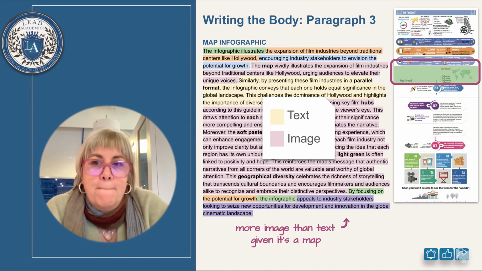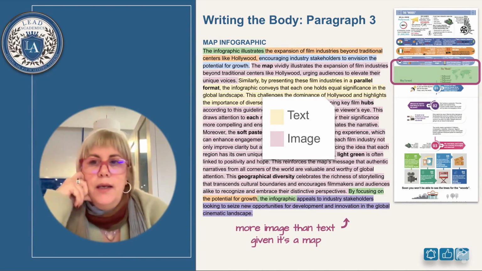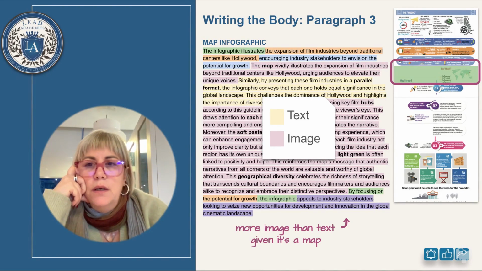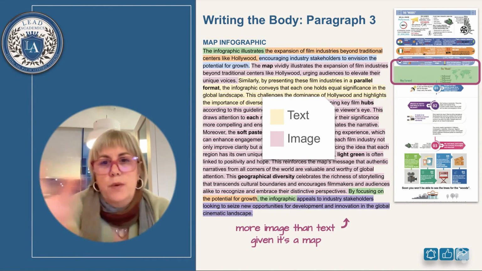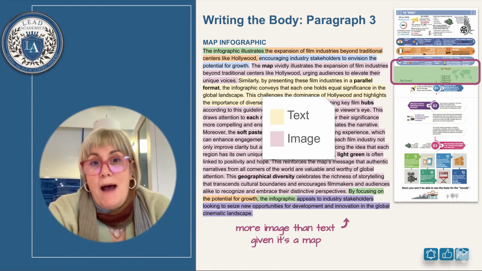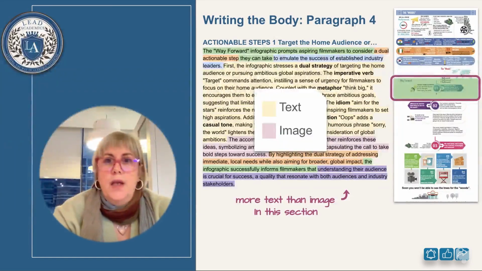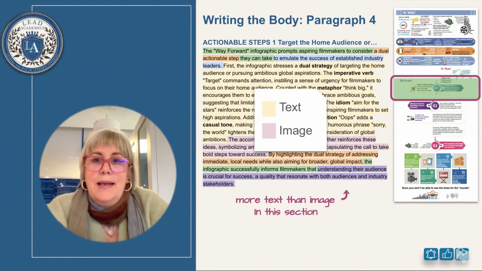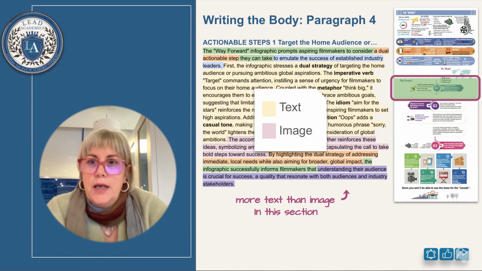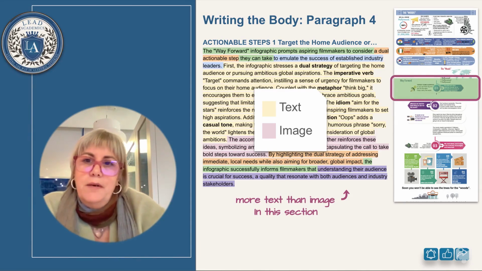Paragraph 3, take a look at the right-hand side, the infographic. Definitely a lot of images in this infographic, and that's why we see much more graphic analysis than textual analysis. In paragraph 4, conversely, we see a little bit of one graphic.